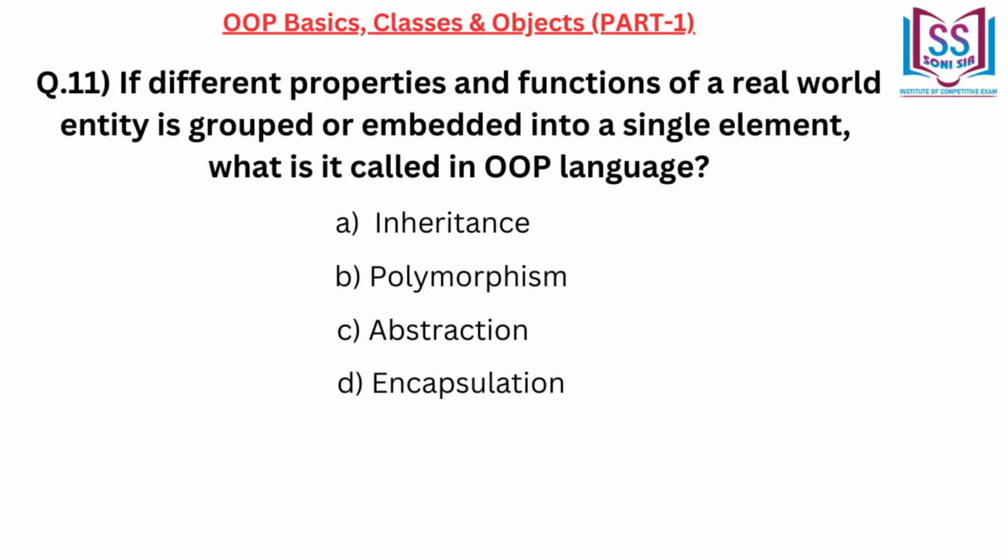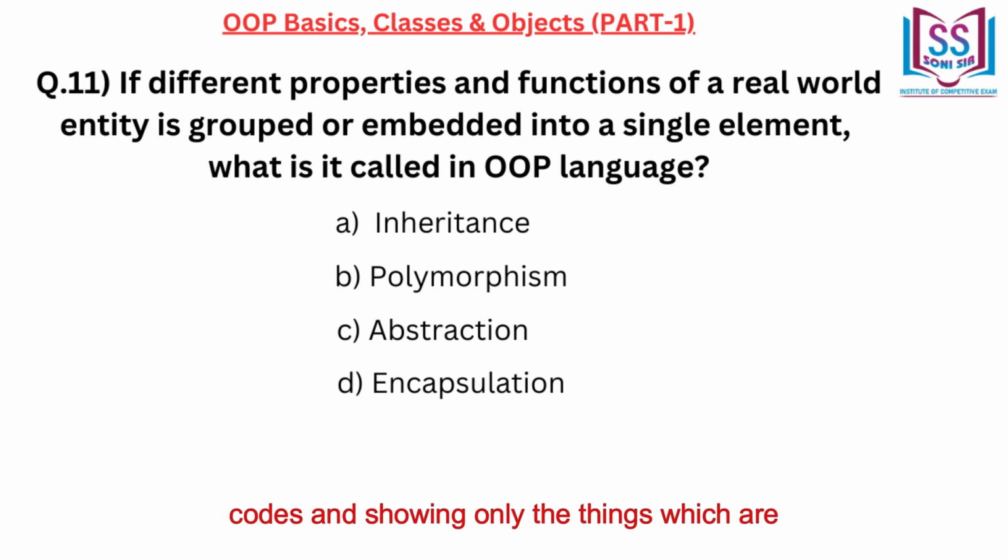Correct answer, D. It is encapsulation, which groups different properties and functions of a real-world entity into a single element. Abstraction, on the other hand, is hiding the exact working of code and showing only the things which are required by the user.